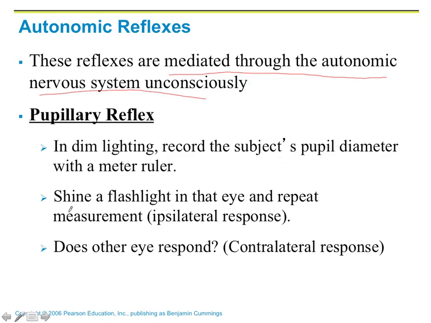Once we shine light into one eye, it can also cause the other eye's pupil to contract. So in normal people, we can cause both the ipsilateral and the contralateral response. However, if there are lesions or damage on the visual tract, we can have a problem.